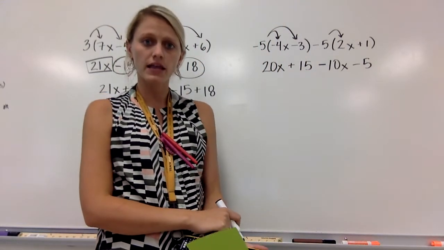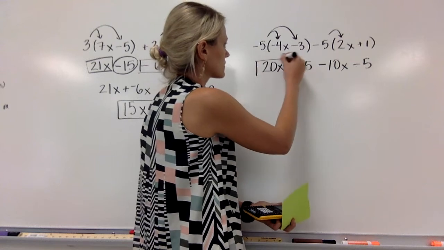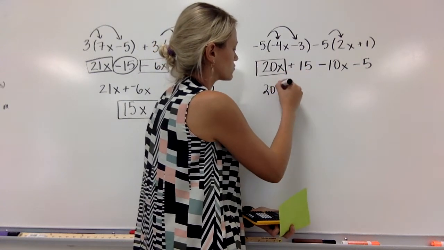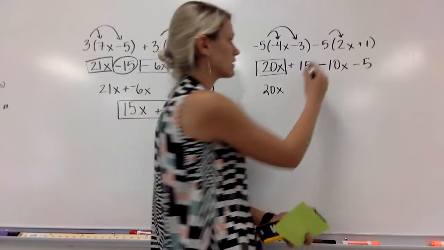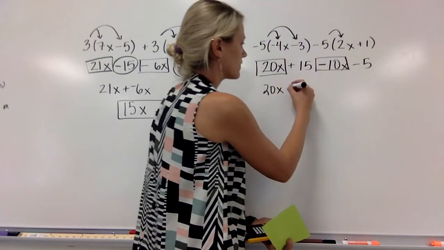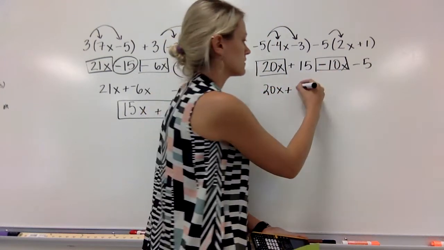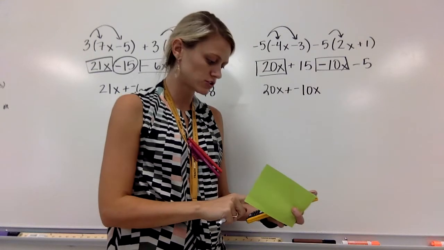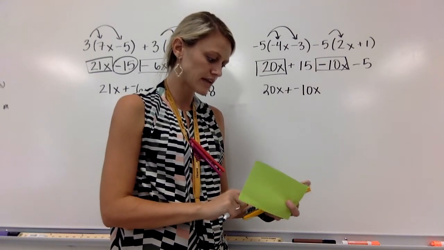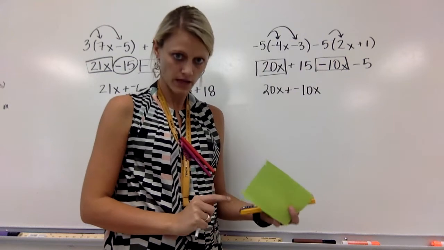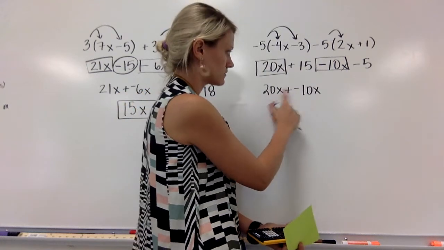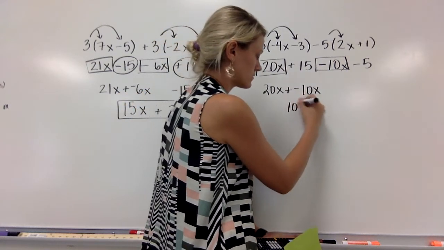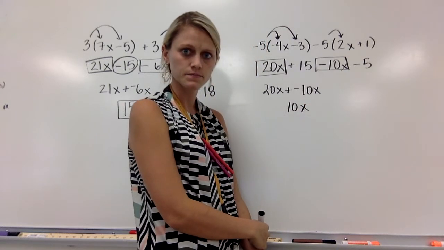Now I can combine my like terms. I have 20x's. That can combine with negative 10x's. So in my calculator, I can do 20 plus negative 10. Okay, 20 plus negative 10 would give me 10x's.